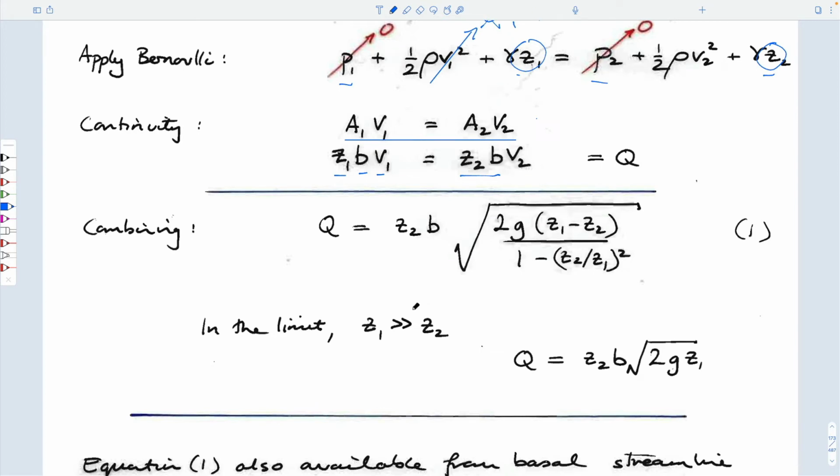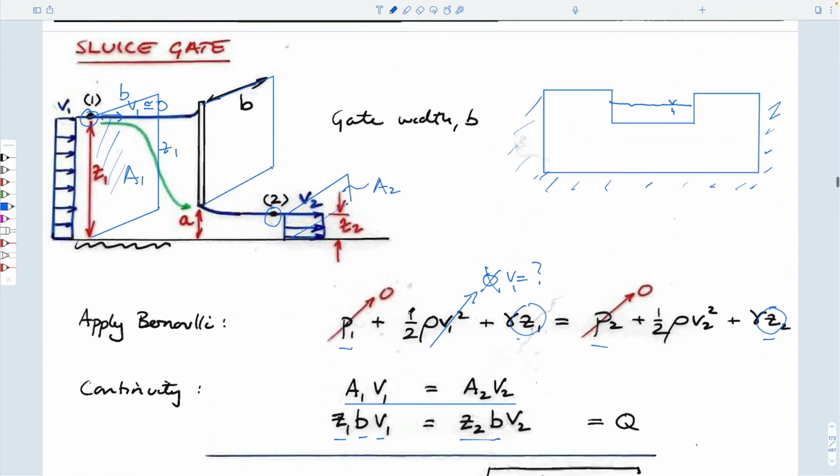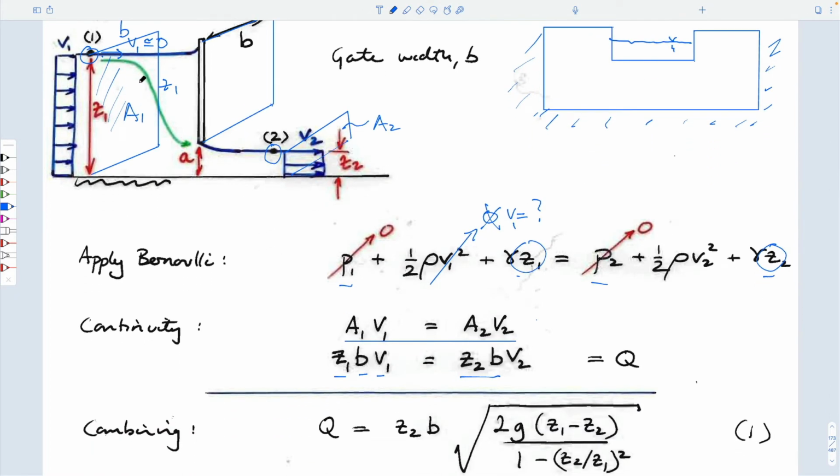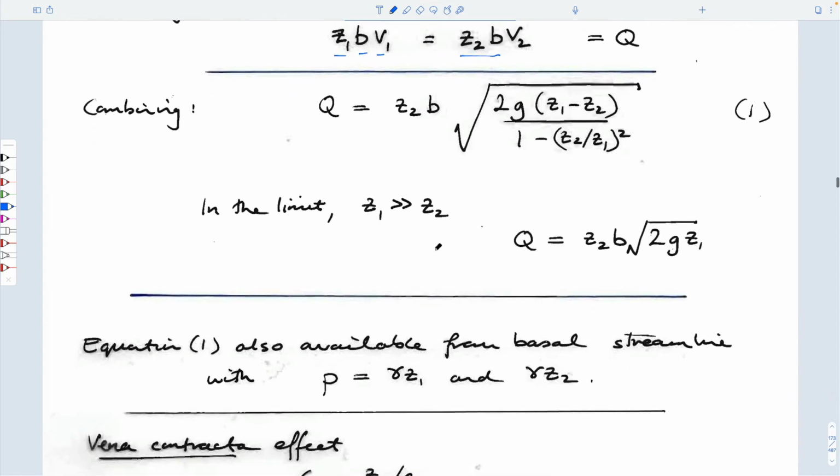And so you'll notice some similarities. Presumably, as Z1 gets to be very big, very tall compared to this, then this really is the big tank approximation, because you have a huge volume upstream and only a very small jet downstream. The rate at which this small jet can deplete this is very slow, and therefore if Z1 is big and Z2 goes to 0, this term goes to 0 and this term goes to 0, this term on the bottom goes to 1, and you just end up with this.